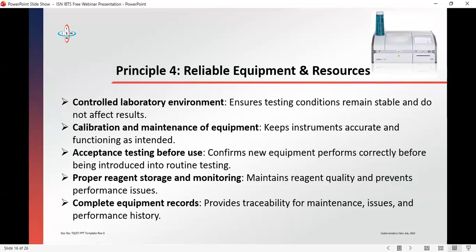With respect to storing reagents, I said sometime in 2024, we had to send back some reagents and demand that they change them because it was discovered that on EQA, some certain analytes were failing on the immunoassay system.